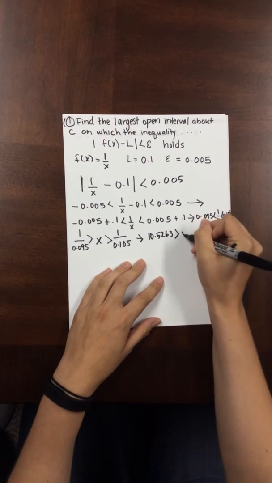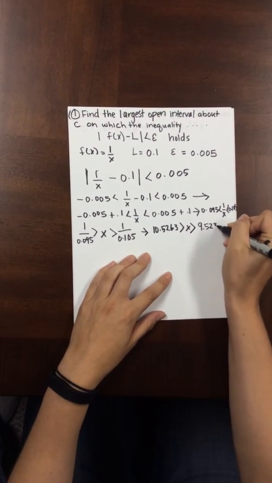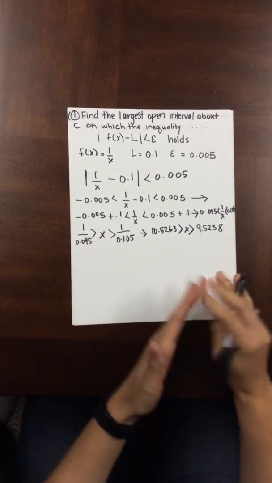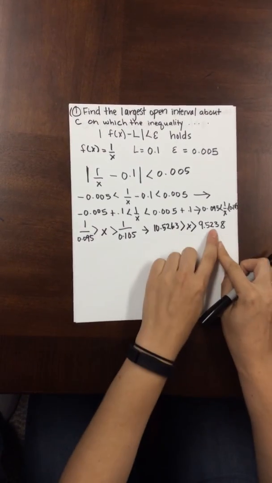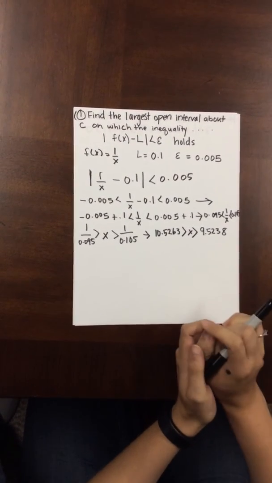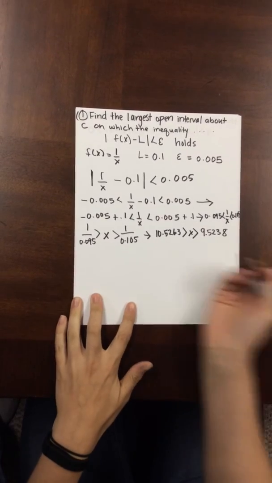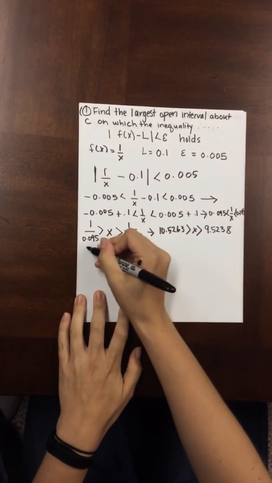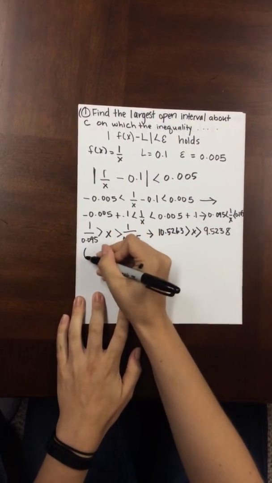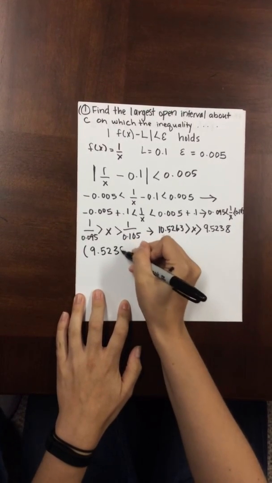And when we solve that out, we get 10.5263 greater than x greater than 9.5238. If you want to make it simpler, you can rewrite it with the 9 first so that it goes in numerical order. Since they want it in interval notation, we still start with the smallest number. So our interval becomes, we use parentheses, 9.5238.